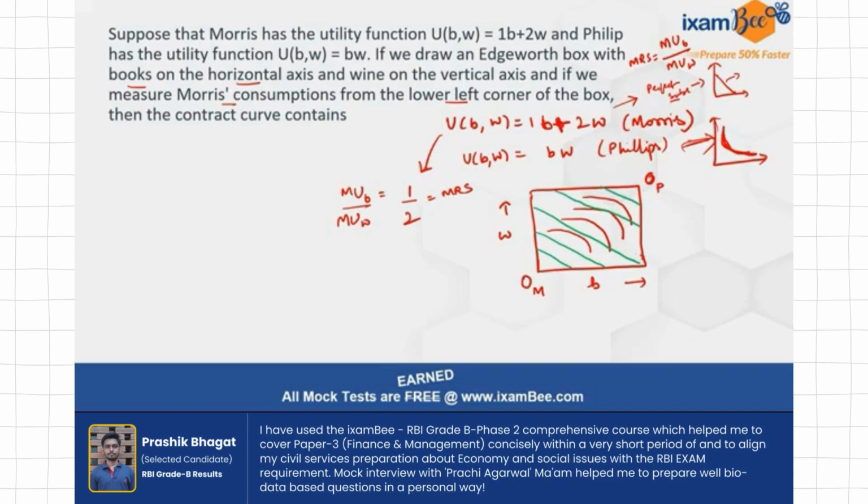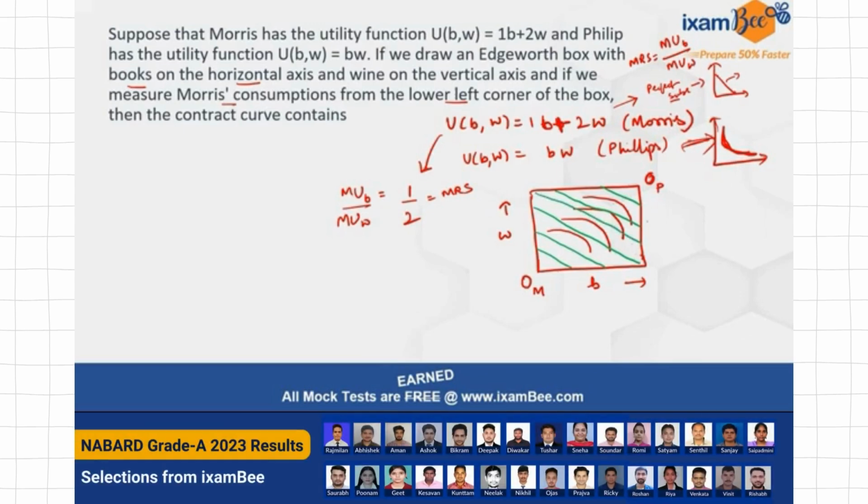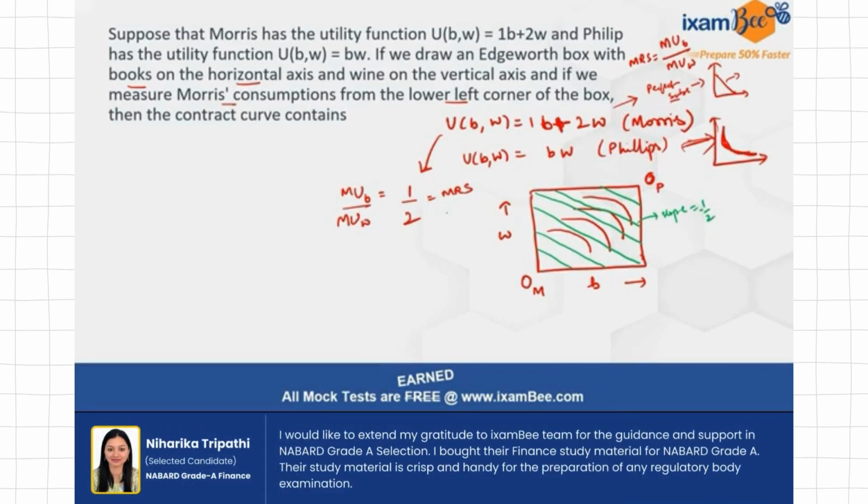These are the shape of the indifference curve. You can draw various ICs like this. With what slope? Slope is going to be half. Okay, you can say minus half. We sometimes ignore the negative sign because we know it's going to be negatively sloped because you are exchanging one good for the other. So the slope is minus half.